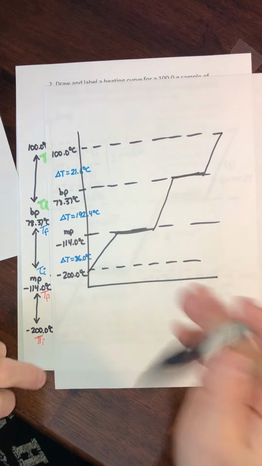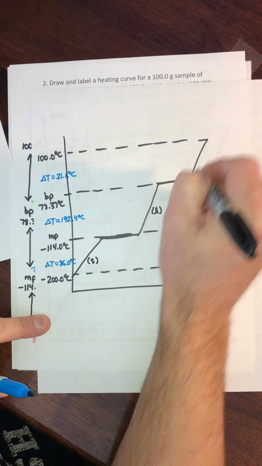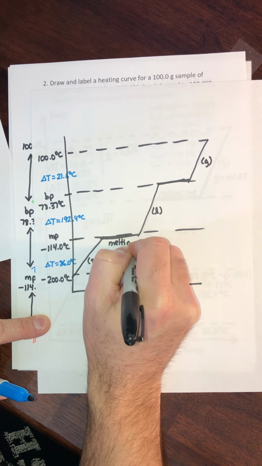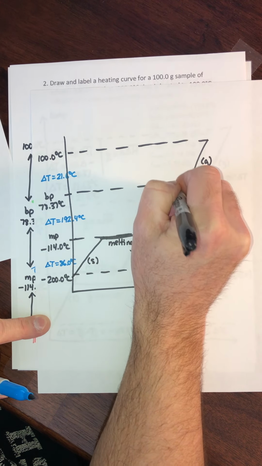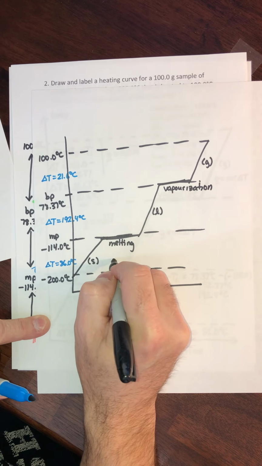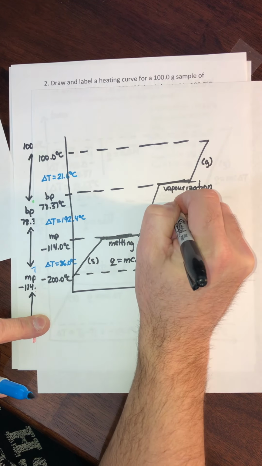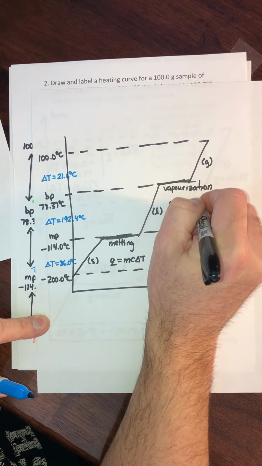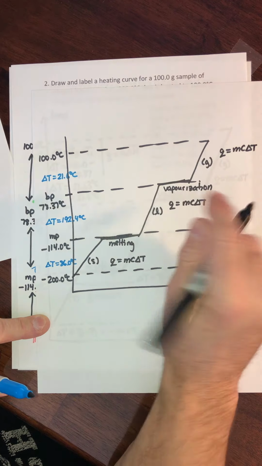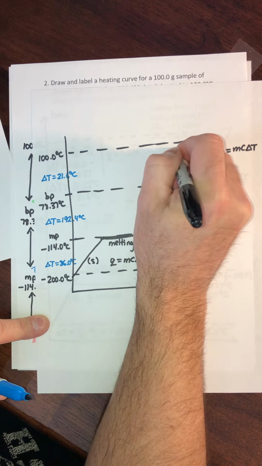Now, if we do our labeling again, whoops, this was a solid, this was a liquid, this was a gas. This here was melting. This one was vaporization. And if we write in our formulas, this was a Q equals mC delta T. This was a Q equals mC delta T. This was a Q equals mC delta T. For vaporization, we got a Q equals n delta H bar.